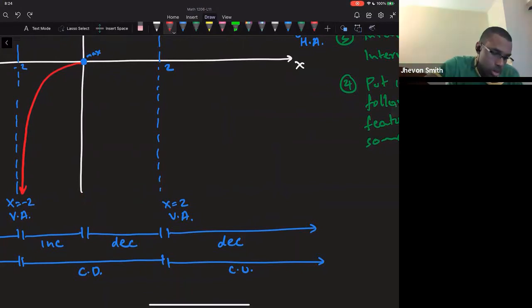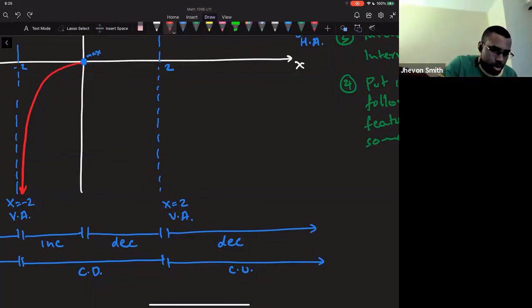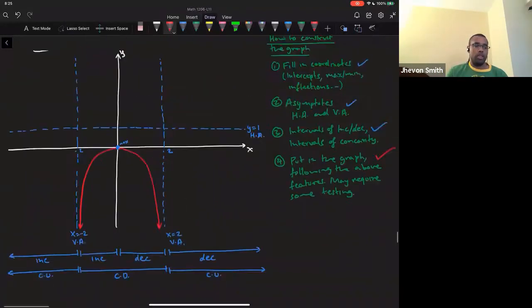So I'm going to look like this. And that should look more symmetric. It's not going to be perfect. I don't expect you to be perfect either when drawing this stuff. But that's what the middle part of the graph looks like.